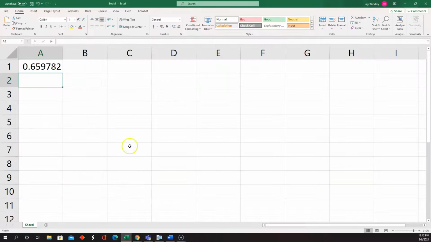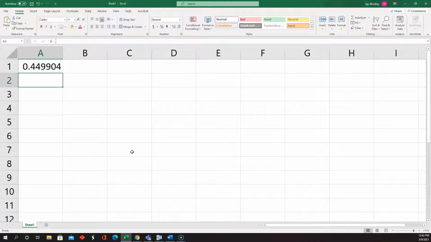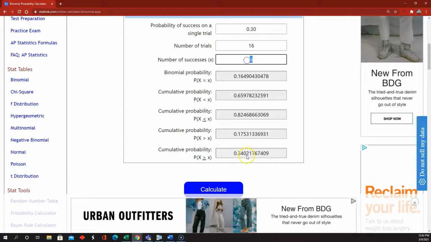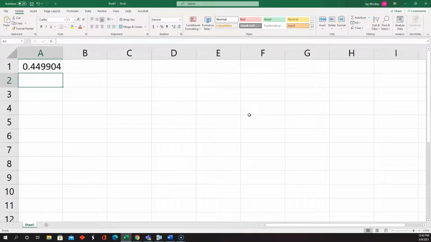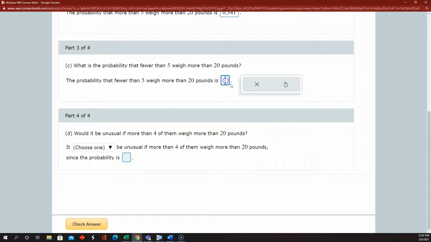Or in other technology, with the cumulative set to true and the x value of 4, there's the 0.449 again. So a bunch of different ways we can get that 0.449. On this other calculator here, if I change this to a 4 and recalculate, less than or equal to 4 is 0.449.